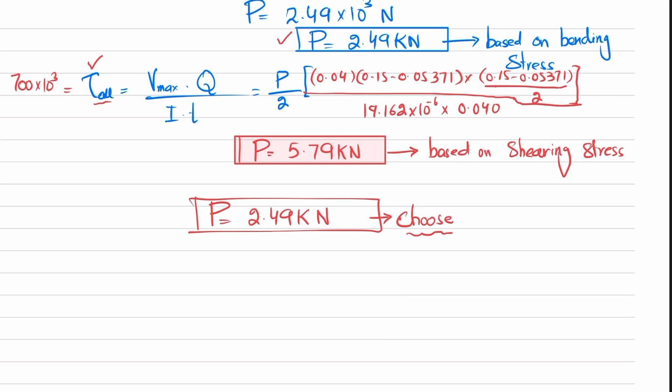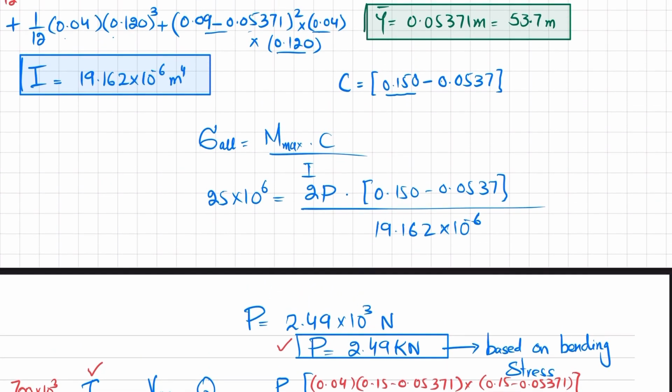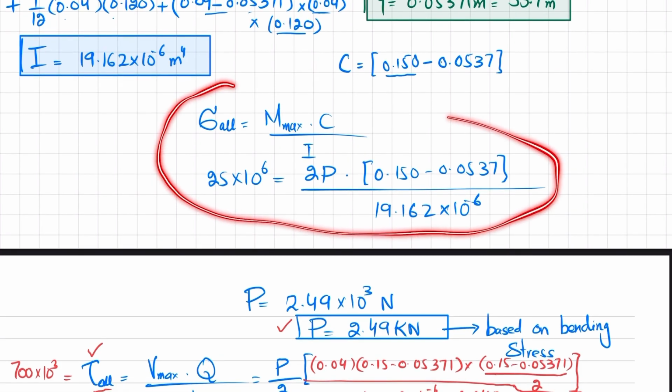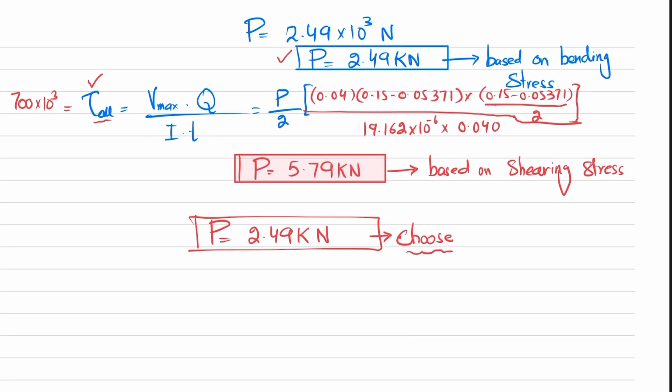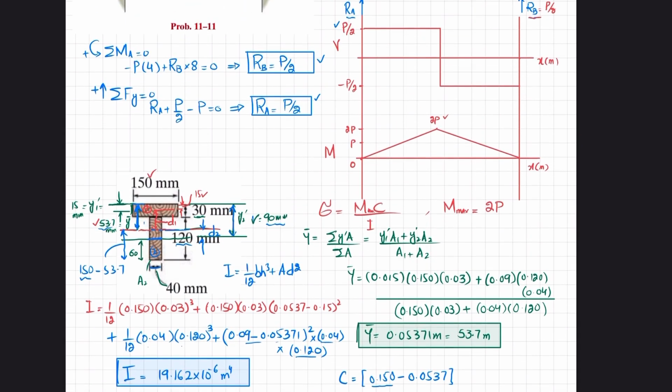While if you use the other value, it will satisfy the shear condition, but it will not satisfy the allowable bending stress. You can check that. So our answer is that you have to choose P equal to 2.49.